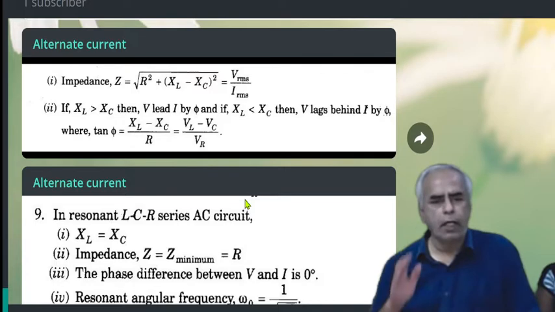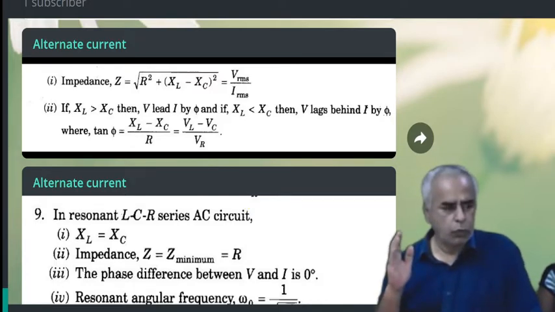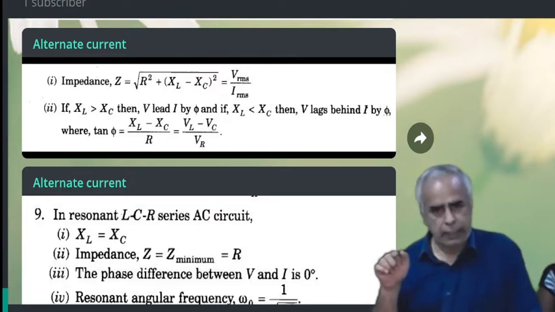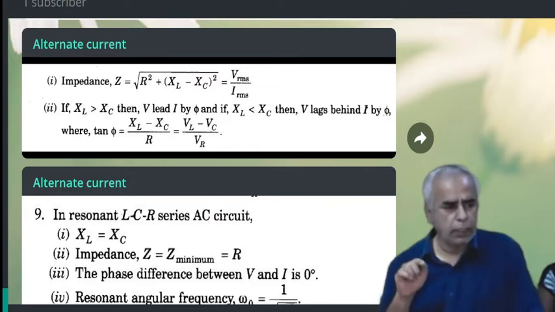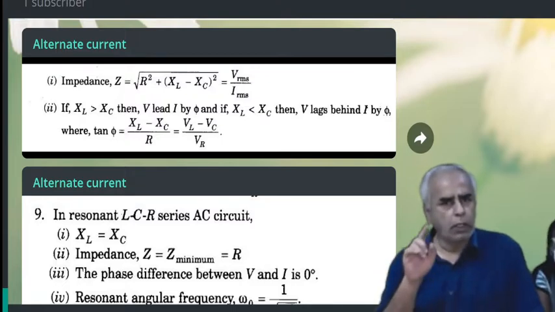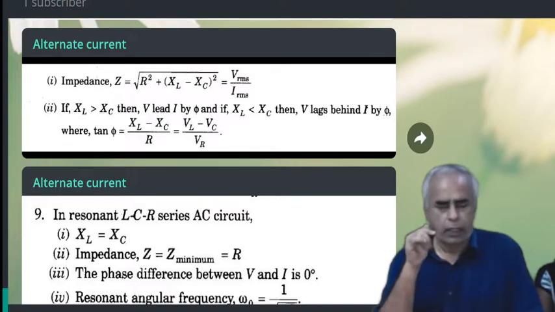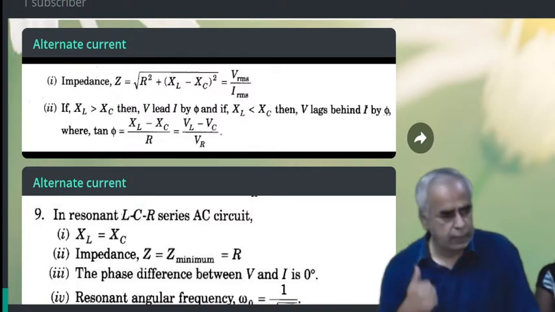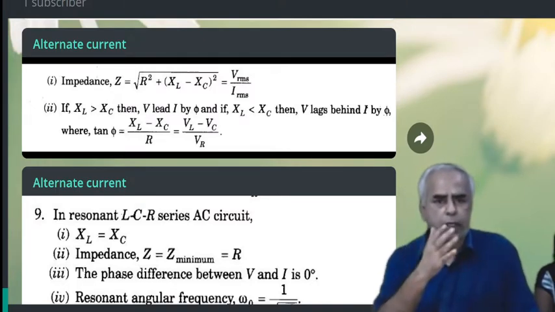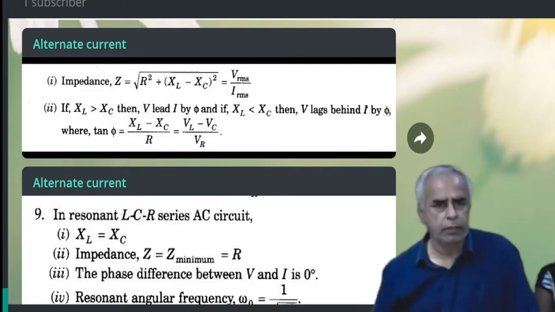It is nothing but I into XL. What is VC? I into XC. What is VR? I into R. So in all these cases I is common. In the numerator we have I, and the denominator also, so we can cancel this I, and that is why we are able to get XL minus XC divided by R. Got this point? Right.